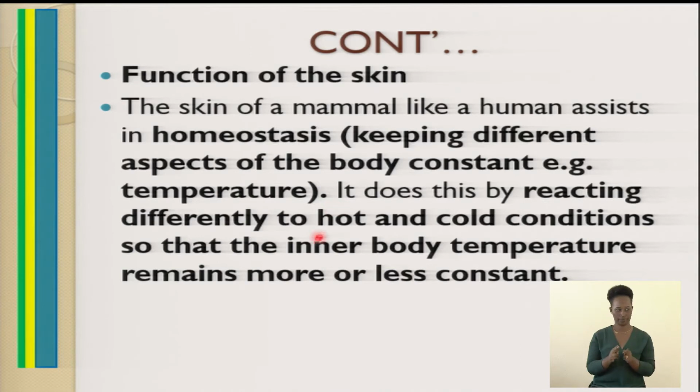It does this by reacting differently to hot and to cold conditions. When it is too cold, the skin reacts differently. When it is too hot, the skin reacts differently. So that the inner body temperature remains more or less constant.